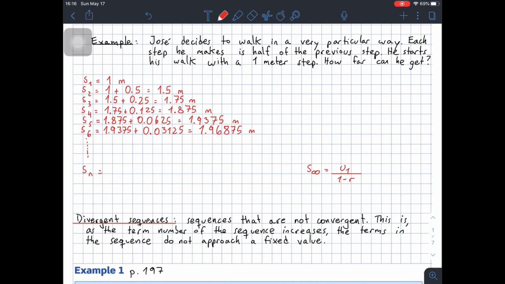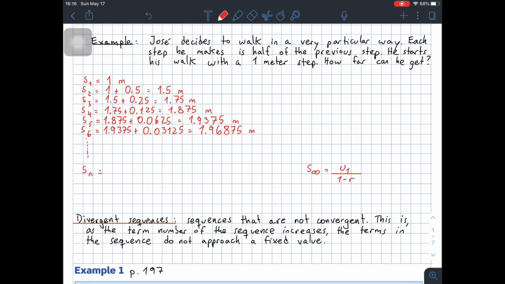First of all, the difference looks quite big, right? But as I keep on moving, you see that the addition is converging to a value. The difference between this term and this term is actually small, right?